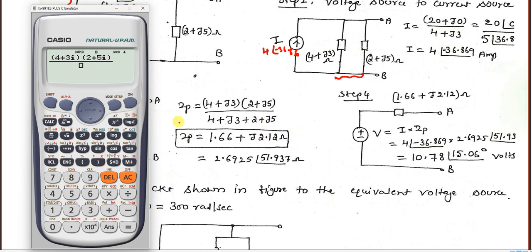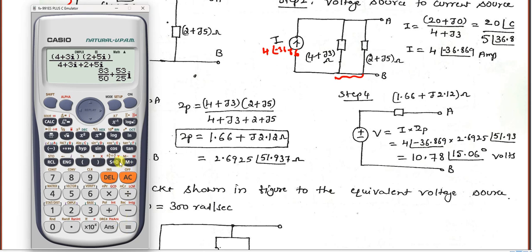Instead of J I am using I, divided by, in the denominator, the sum. Without brackets you'll get the wrong answer, so you have to use a bracket here, because this full quantity should be multiplied by this. In the denominator all are additions only, so 4 plus 3I plus 2 plus 5I.